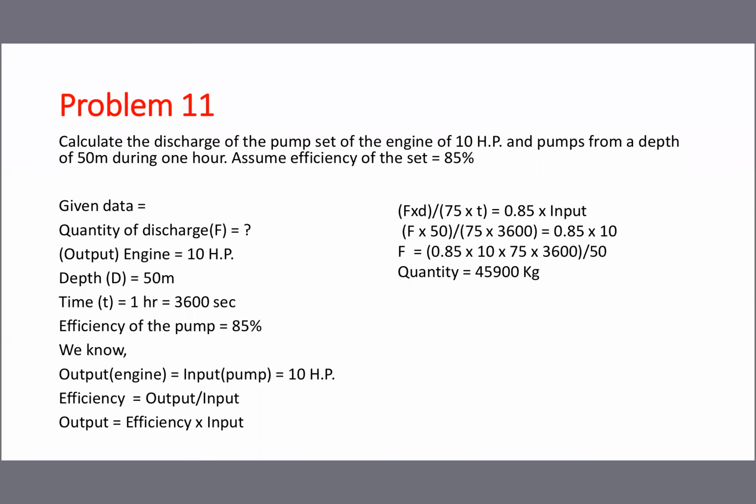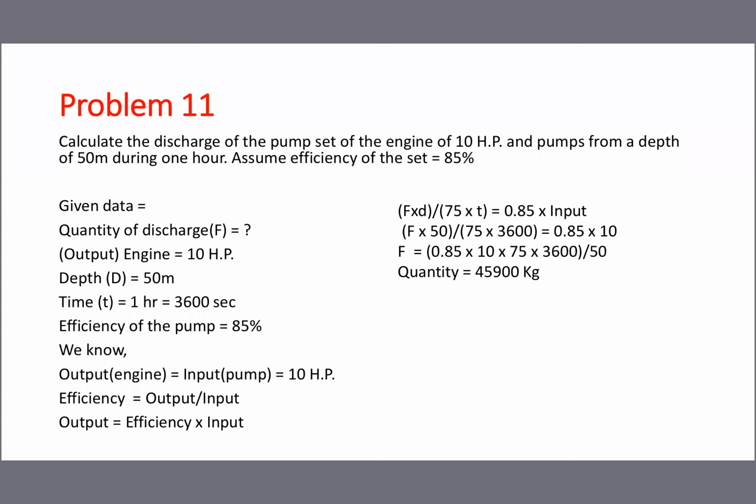Calculate the discharge of the pump set of the engine 10 HP and pumps from a depth of 50 meter during 1 hour, assuming efficiency of the set is 85%. A water pump is normally operated by one engine. In the house we are using a motor. In the agriculture field they are using an engine, petrol or diesel engine. The engine is rotated, the mechanical shaft is rotating, and the pump is operated.